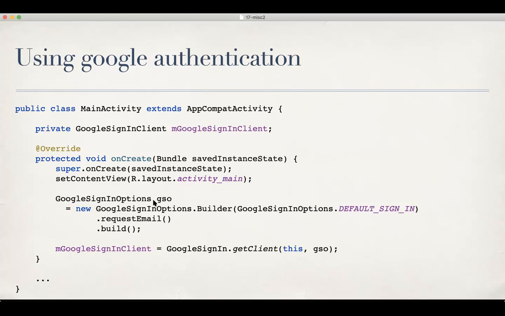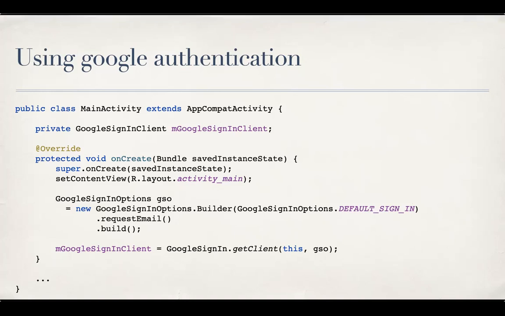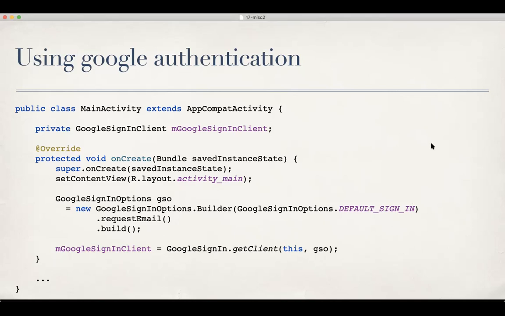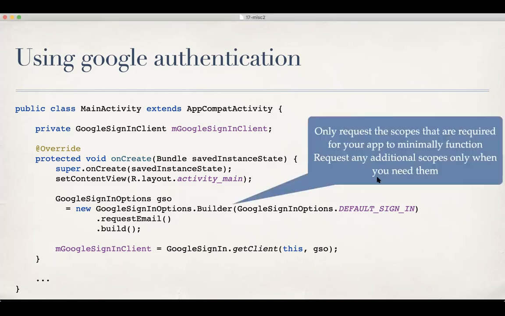These Google sign-in options are passed into the get client call on Google sign-in. By the way, all these classes, Google sign-in client, Google sign-in options, Google sign-in, etc., are coming to us because we added that line to the Gradle file. So once you do that, now you have a client that can listen to this particular authentication.